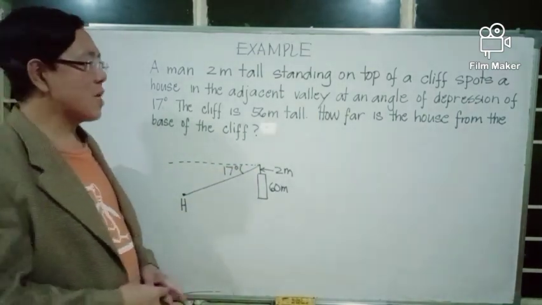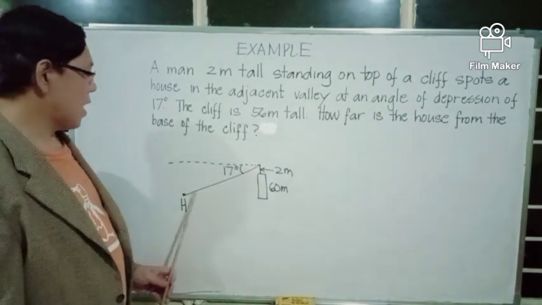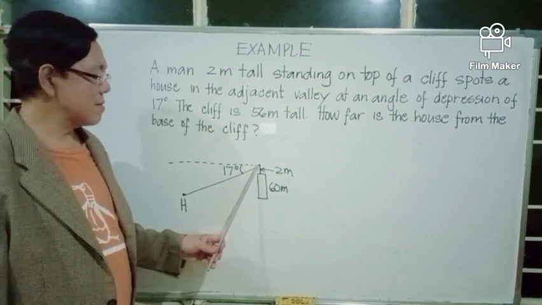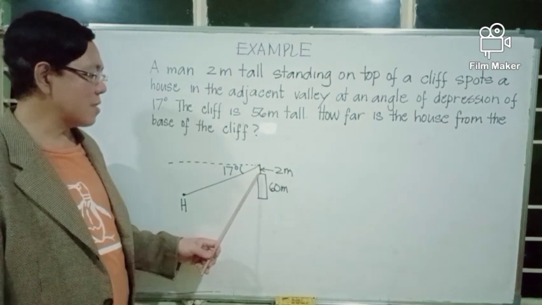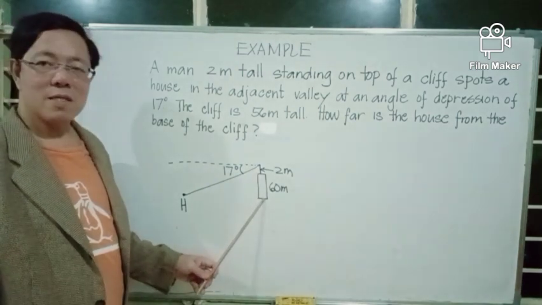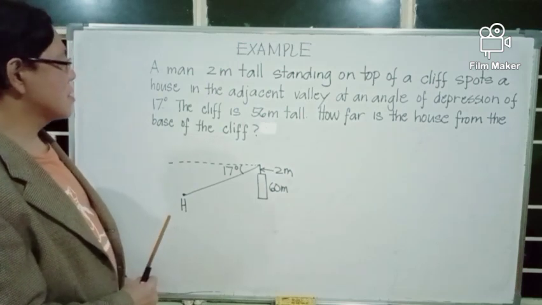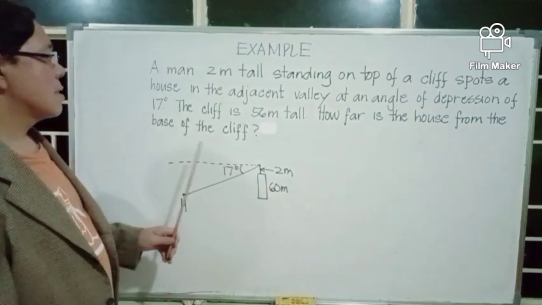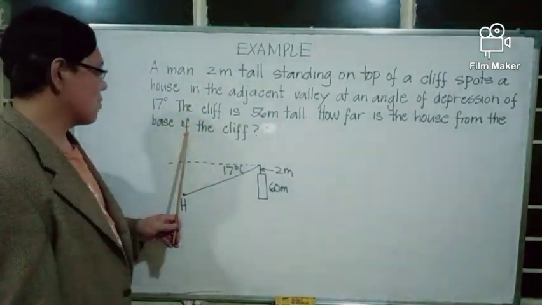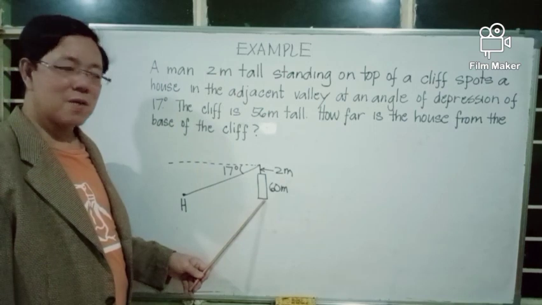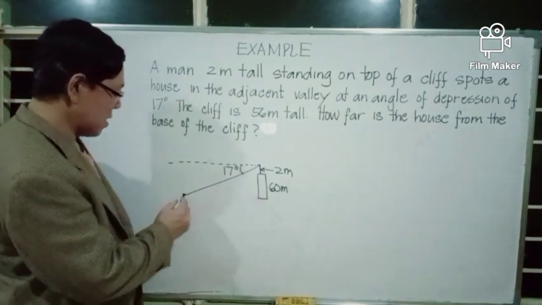That's the angle of depression of the house from the eye of the observer, who is 2 meters tall and standing on top of the cliff that is 60 meters tall. And the question is, how far is the house from the base of the cliff? This is the base of the cliff, and we want the distance of the house from the base of the cliff.